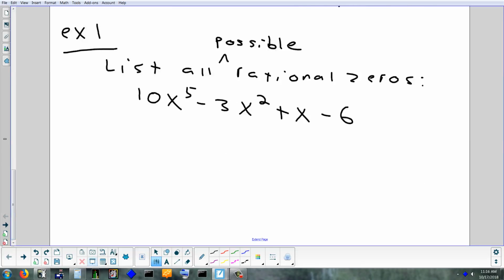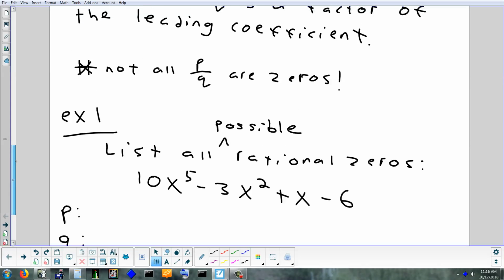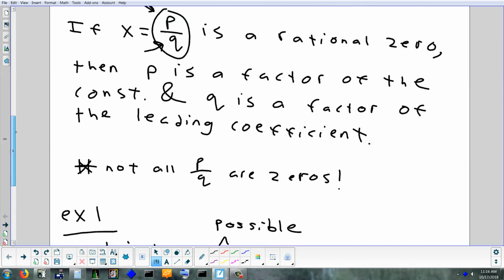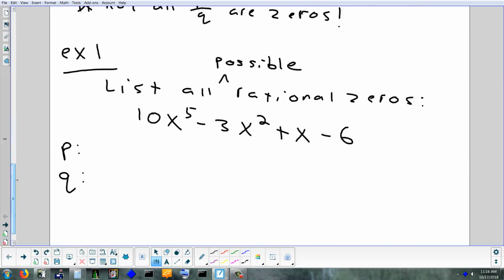All right, so first thing we want to do is just figure out what our options are for p and q. P is a factor of the constant. Isabel, what's the constant here? -6 or +6. Those two numbers have the same factors.